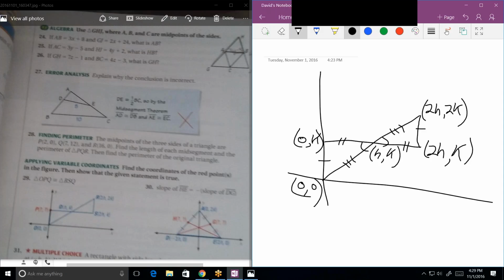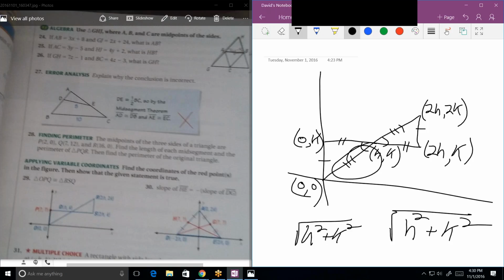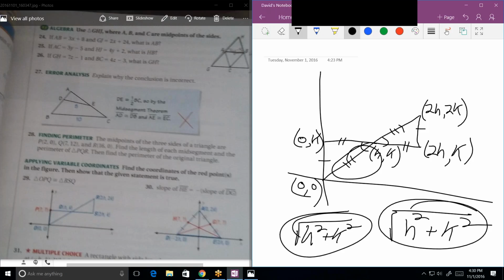In other words, the distance on this lower one is the square root of h squared plus k squared. That's this one here. And the distance on the upper one is the square root of (2h minus h) squared plus (2k minus k) squared. Those are the same, therefore it's side-side-side that proves congruency.